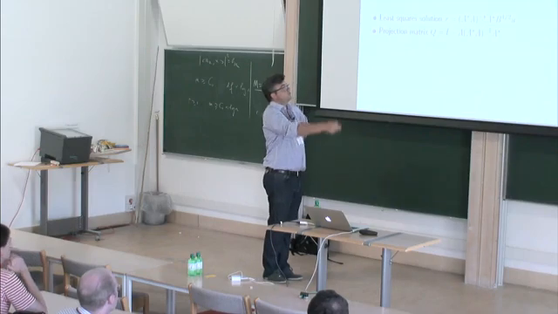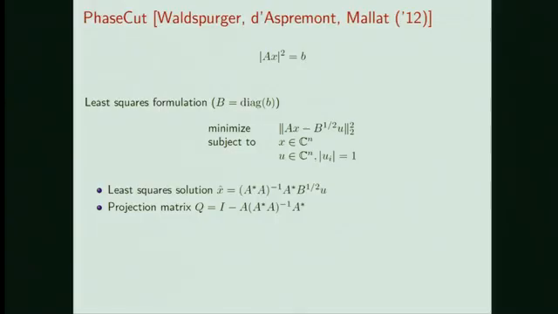So here's a way of trying to guess the phase, so that Ax is now equal to b^(1/2) times u: the vector b times the phase.